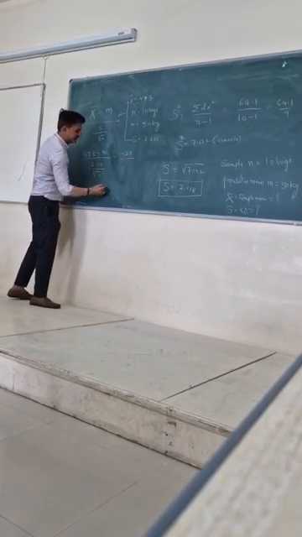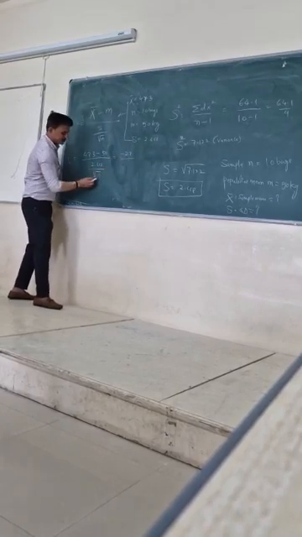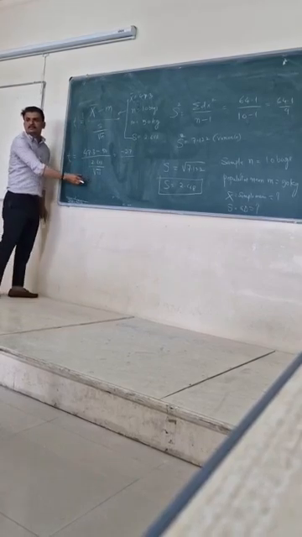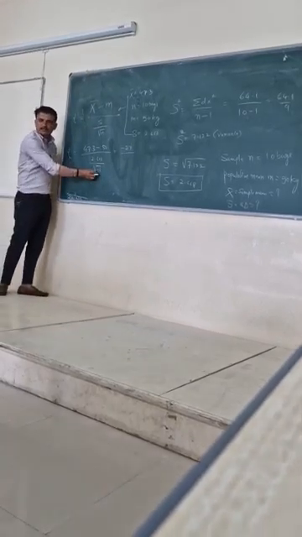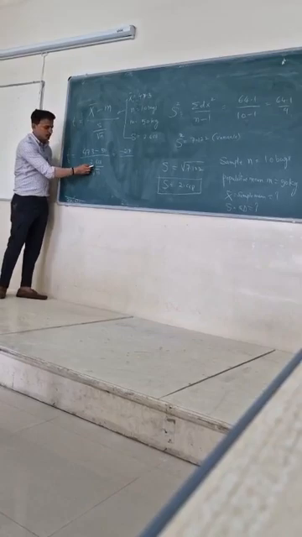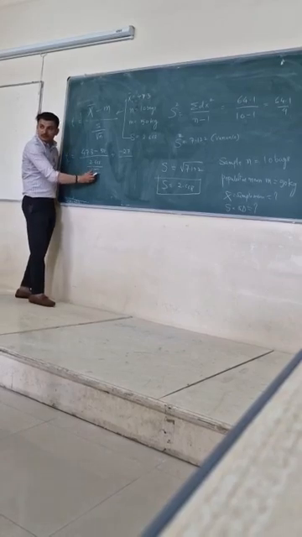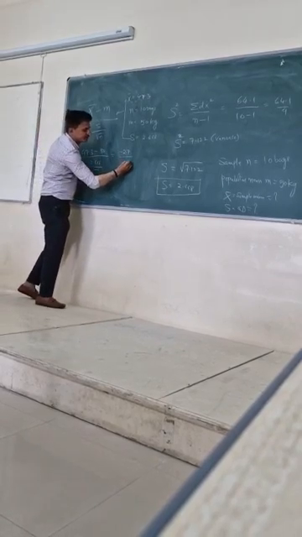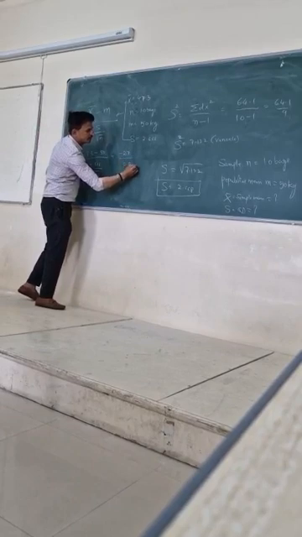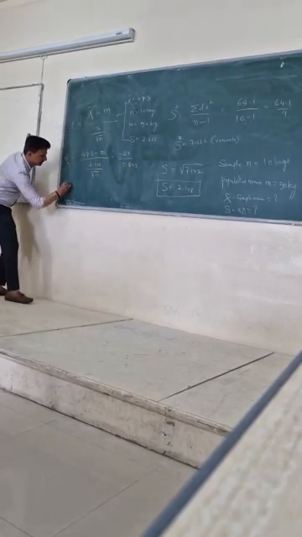First get the square root of 10, then divide 2.668 by it. If you divide both these values, how much do you get? 0.843.